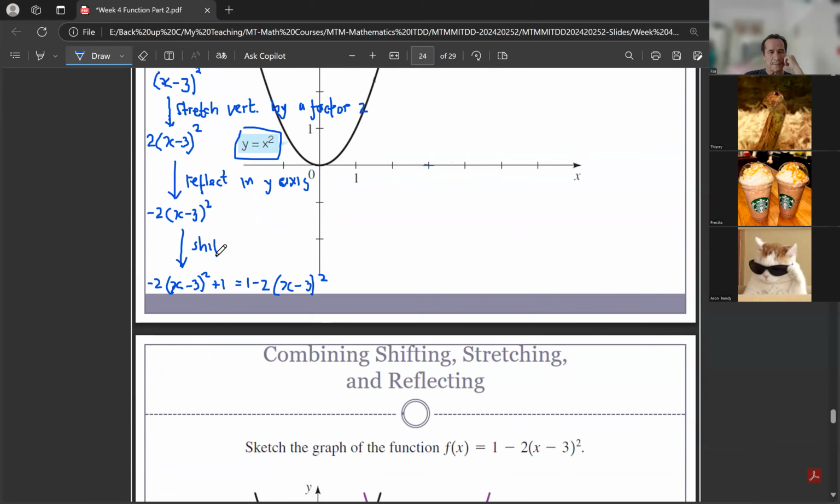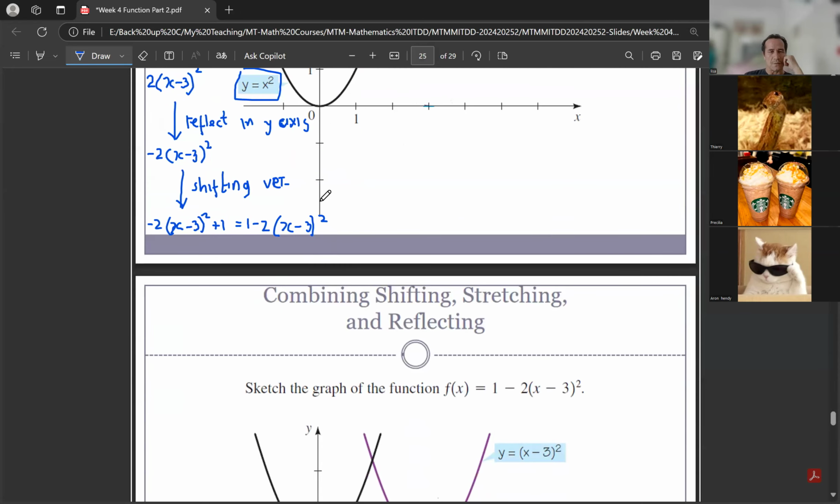Shifting vertically, because we want it here. Shifting vertically, I make it short, upward 1 unit.